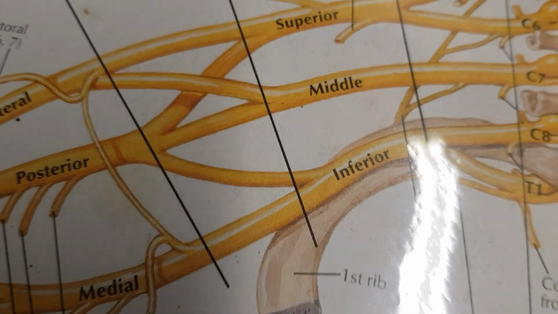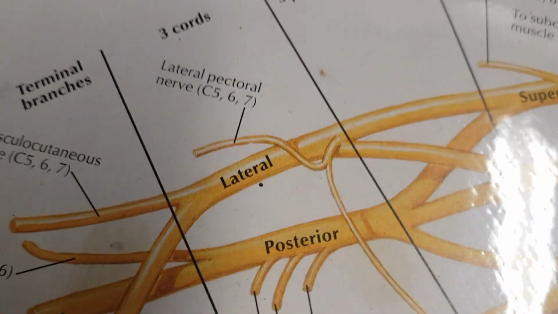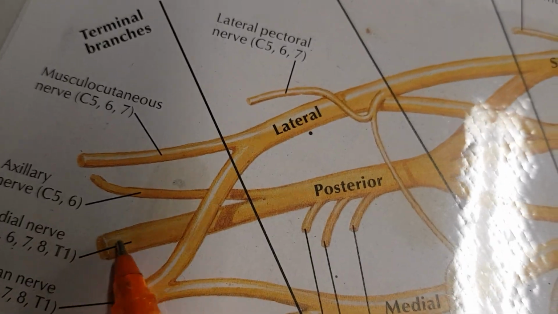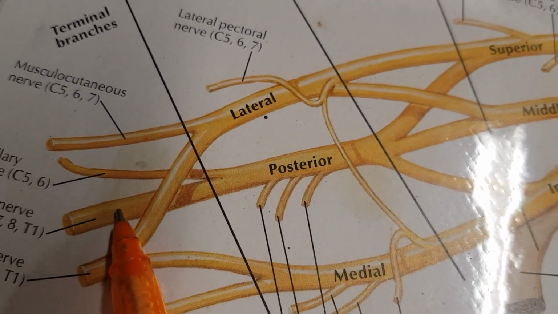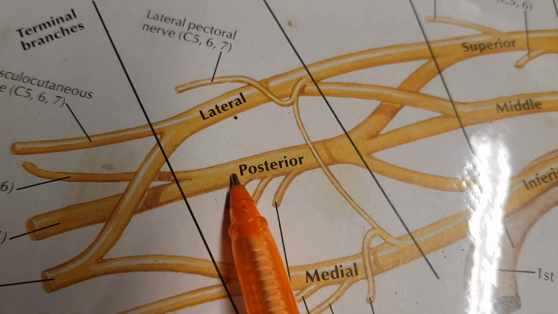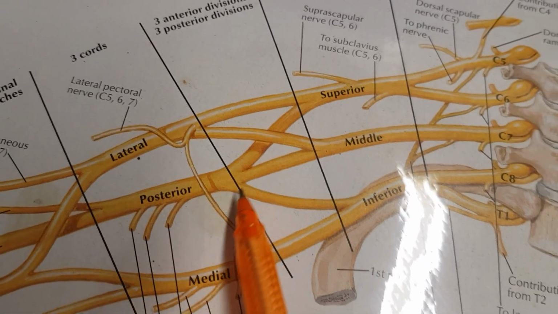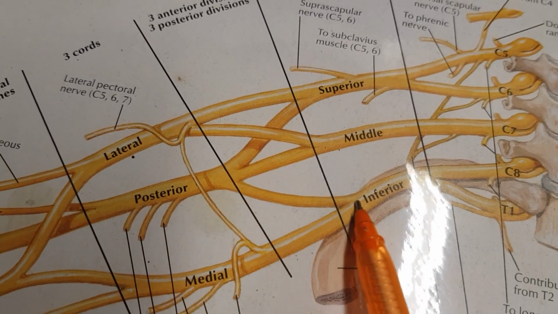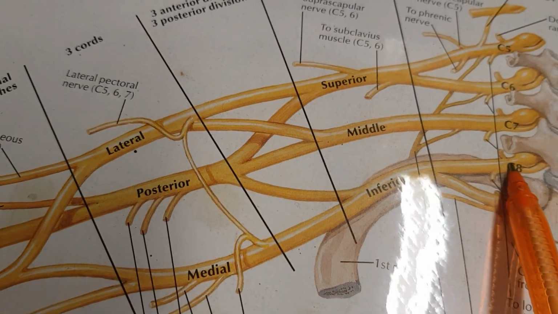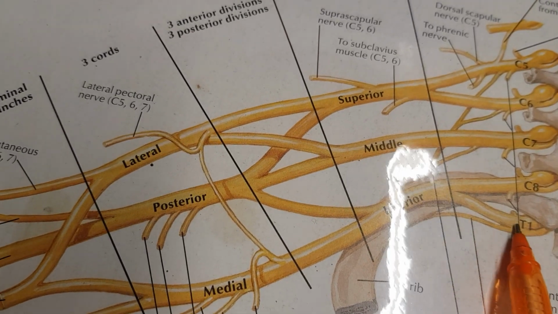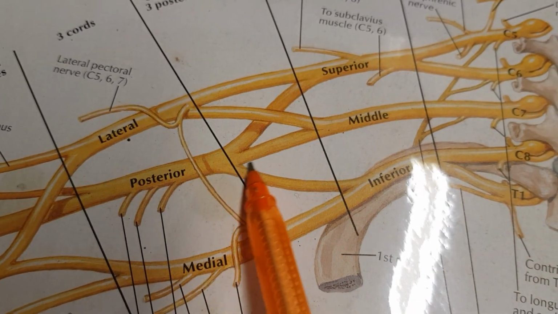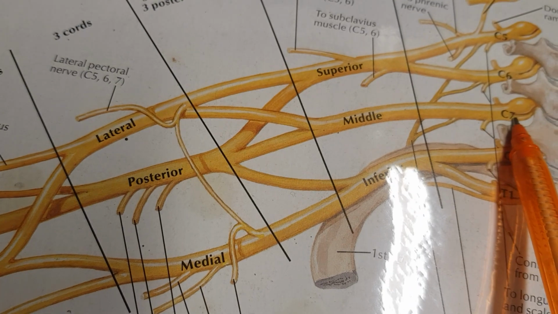But if you look at the nerve, take for example the radial nerve. Radial nerve is made of 5 nerve roots. If you follow the radial nerve, the radial nerve is getting sensation from there. You can follow it. It's getting sensation even from C7.